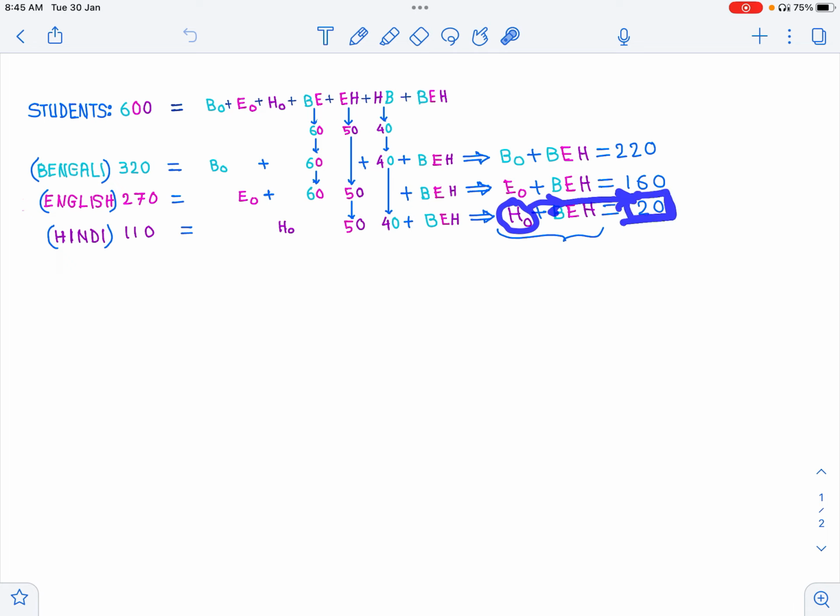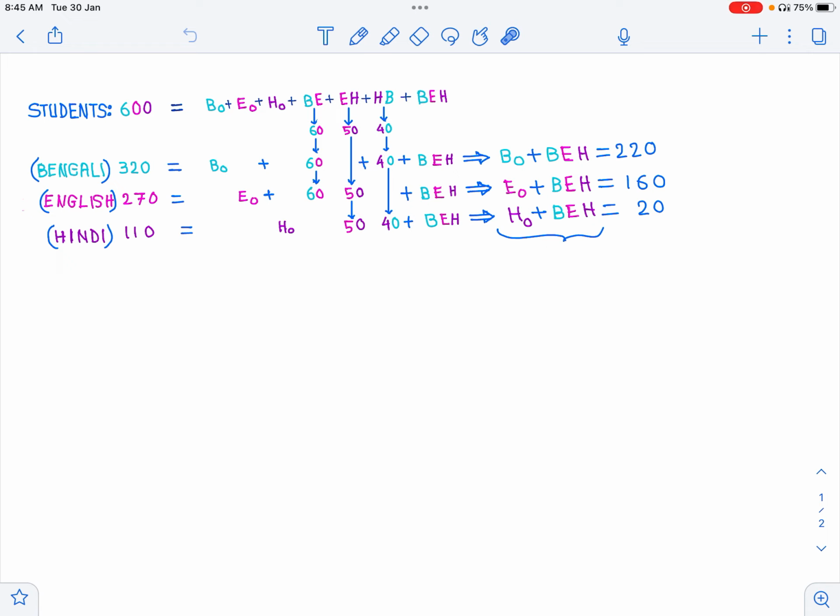So here 20 is the minimum number, which includes the students learning three languages along with only Hindi.